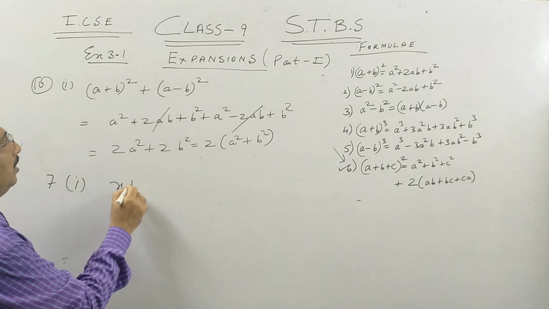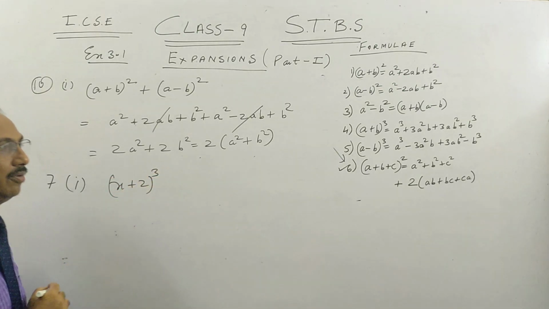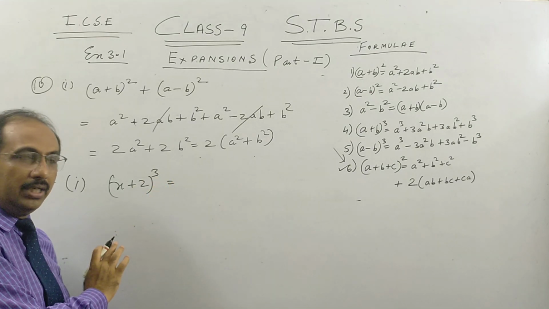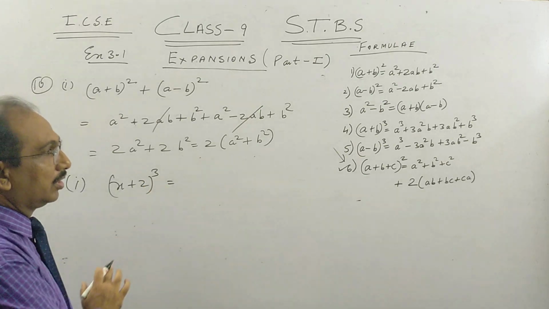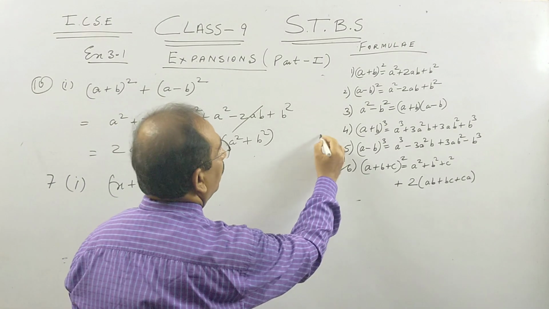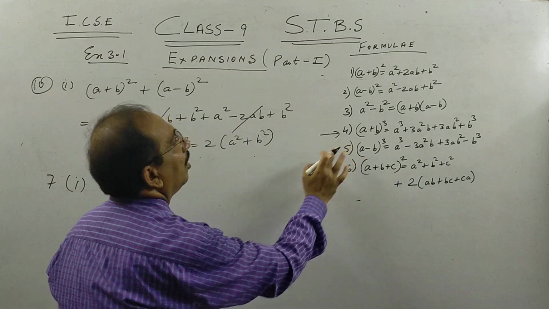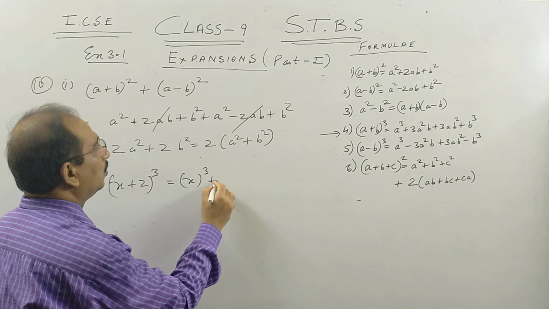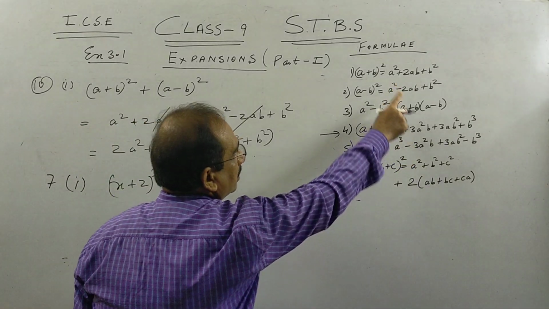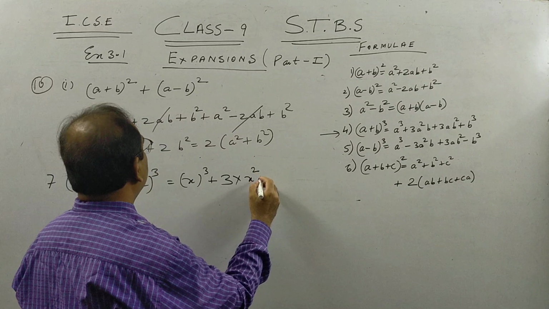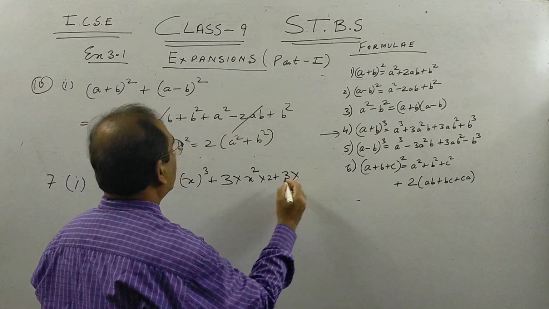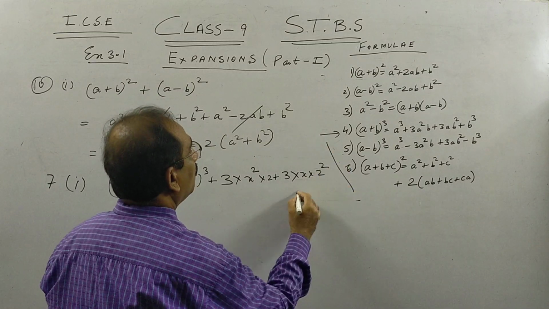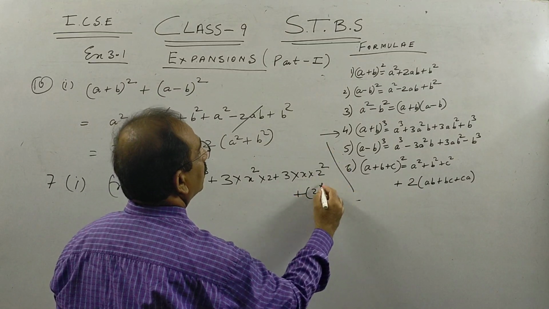So what we have here, I am just recapitulating if you have done this before. Sum of two things whole cube. So what do I call it? First thing plus second thing whole cube. This is a cube, children, so we will apply formula number 4. First thing plus second thing cube is first thing cube plus thrice, not twice, the product of first thing square into second thing, plus thrice the product of first thing into second thing square, plus the cube of the second thing.